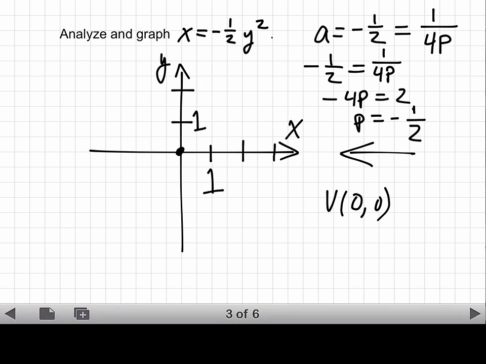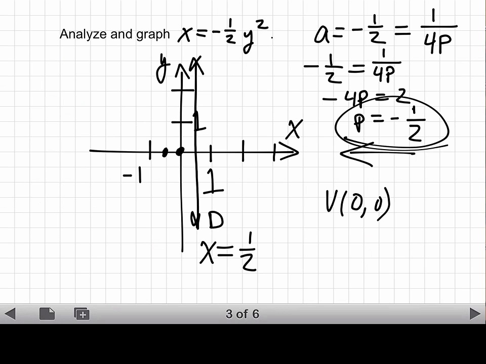That way I can say that the focus is 1/2 of a unit to the left of the vertex, and it'll still be where the squares meet. And the directrix is going to be vertically oriented, and as such is going to be x equals, and remember that the distance from the vertex to the directrix is the same, p. So x equals 1/2 is the equation of the directrix.